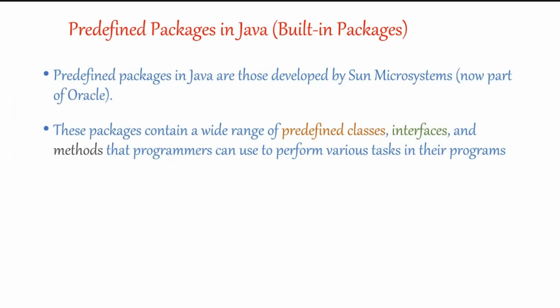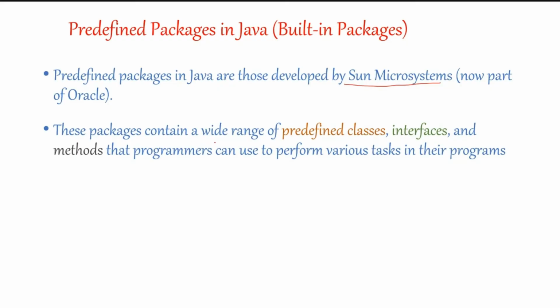Predefined packages in Java are those developed by Sun Microsystem. Initially, it was developed by Sun Microsystem, and we know what is Sun? Sun is Stanford University Network, which was the network of the alumni in Stanford University. They created this organization, Sun Microsystem. Now, because it's overtaken by Oracle, it's a part of Oracle.